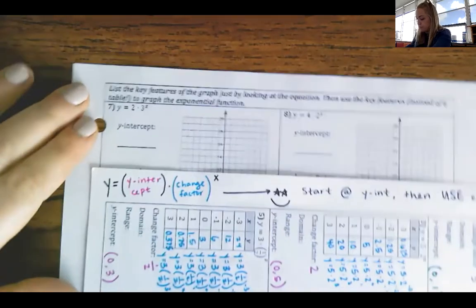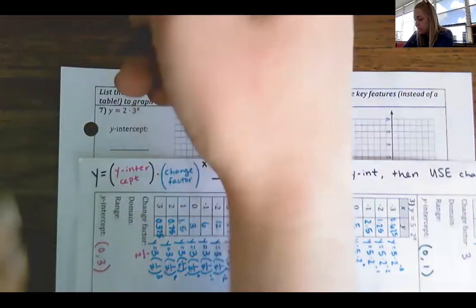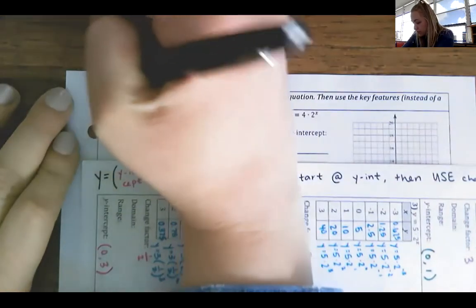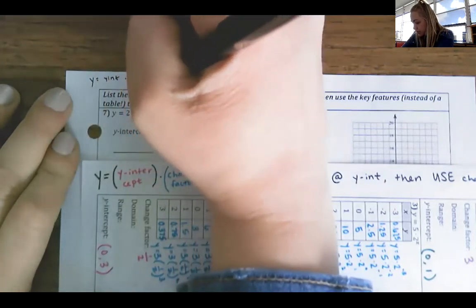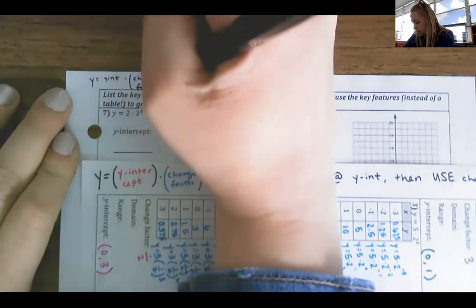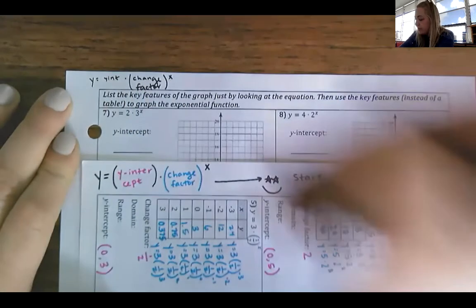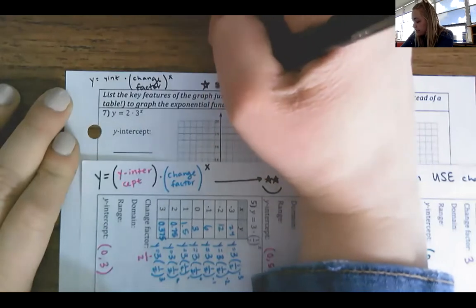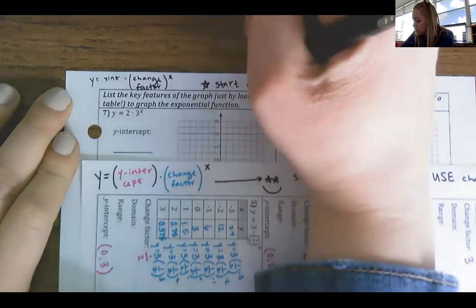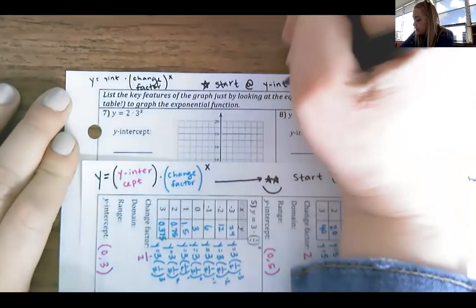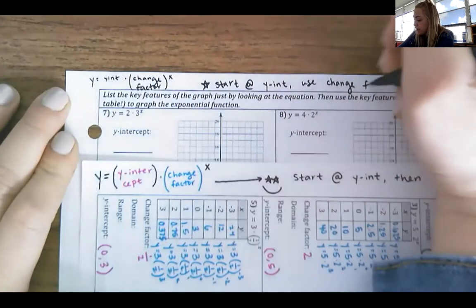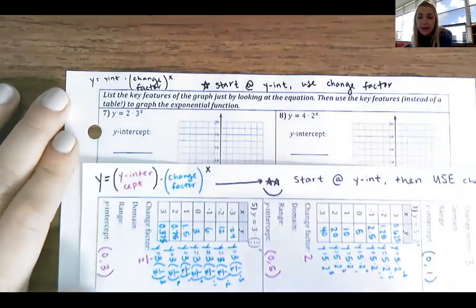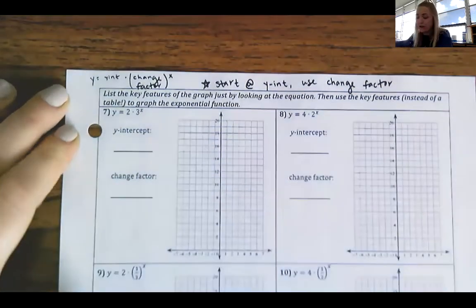I'm going to write y equals y-intercept times change factor to the power of x. And then I'm going to put my little star here again. Start at y-intercept, use change factor. Okay, I promised you quick graphing, and I will deliver quick graphing.